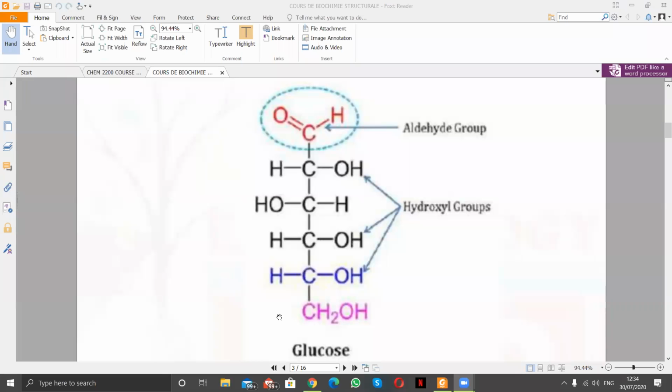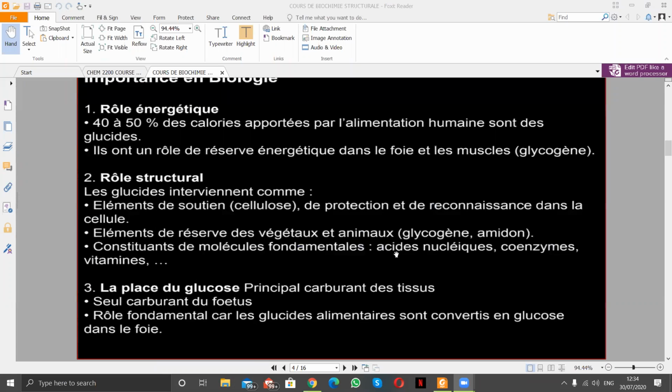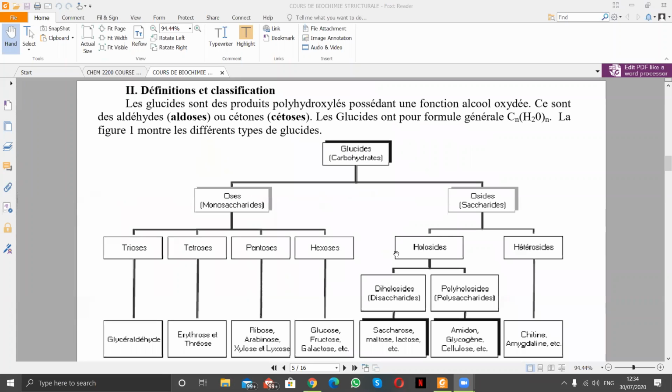This is the structure of glucose, which is the most abundant in nature. Are we together? Yes, we're together.